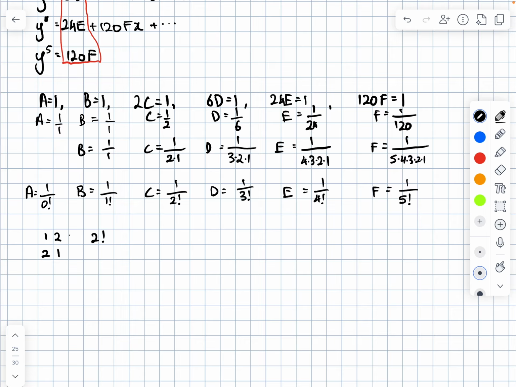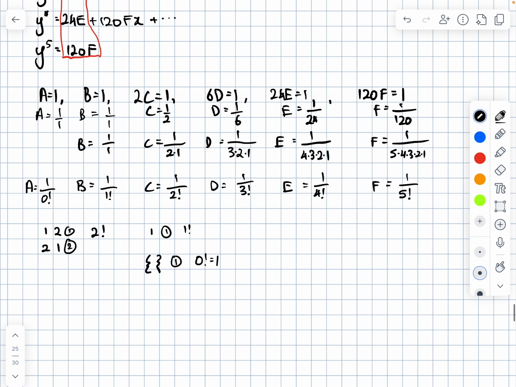It can be written one way, two ways. So 2 factorial is 2. If you had a set with just one number, just 1, that could only be written in one way. So this is equivalent to 1 factorial. It's only one way to do it. So 0 factorial is how many ways can you write a set of 0 numbers? Well, actually, here's my set. It's got nothing in it. That can be done one way, so 0 factorial is actually equal to 1.